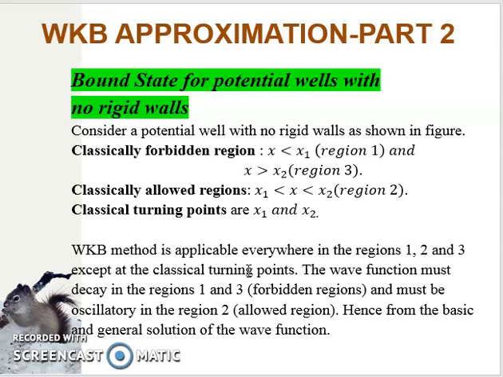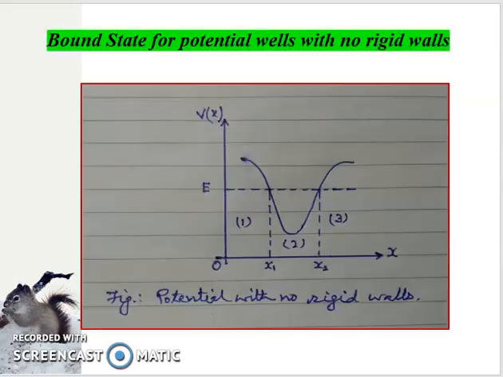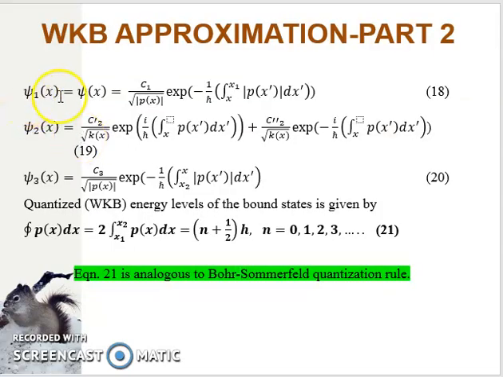So the wave function must decay in regions 1 and 3, which are the forbidden regions, and must be oscillatory in region 2, which is the allowed region. Hence, from the basic and the general solution of the wave function, psi 1(x) expression हो गया first region में, this is C by root P, mod P(x), exponential minus 1 by h cross, and this integral.